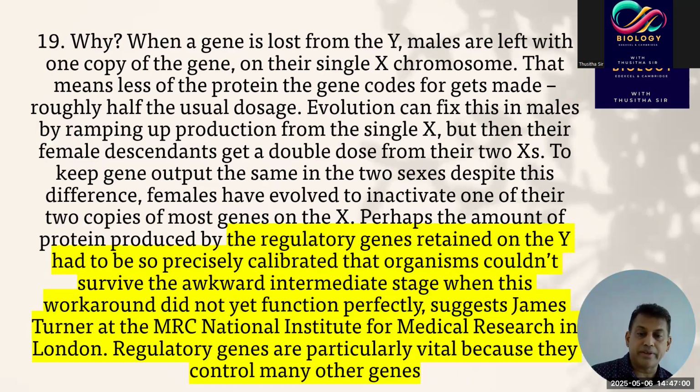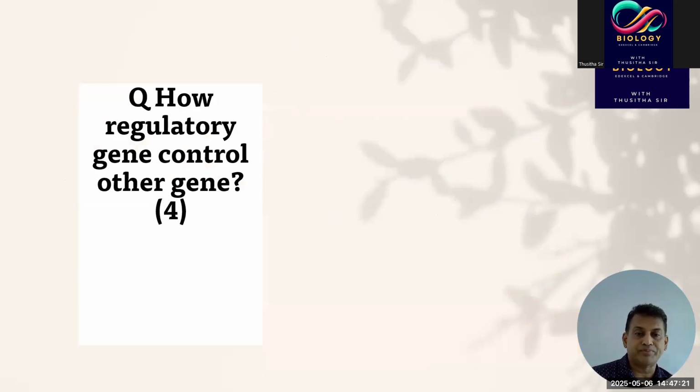Then the regulatory gene retained in the Y had to be so precisely calibrated that the organism couldn't survive the intermediate stage, when this workaround did not yet function perfectly, says James Turner at the MRC National Institute of Medical Research in London. Regulatory genes are particularly vital because they can control many other genes.